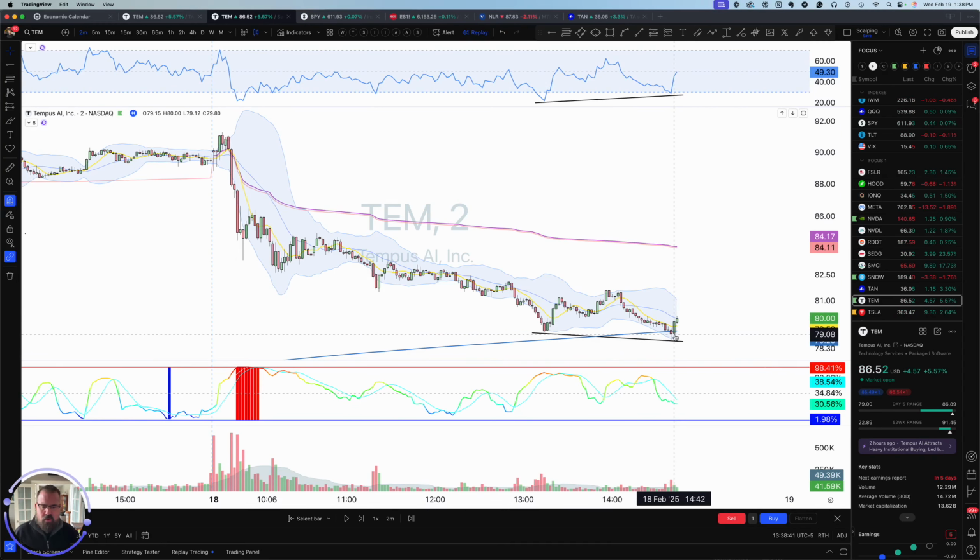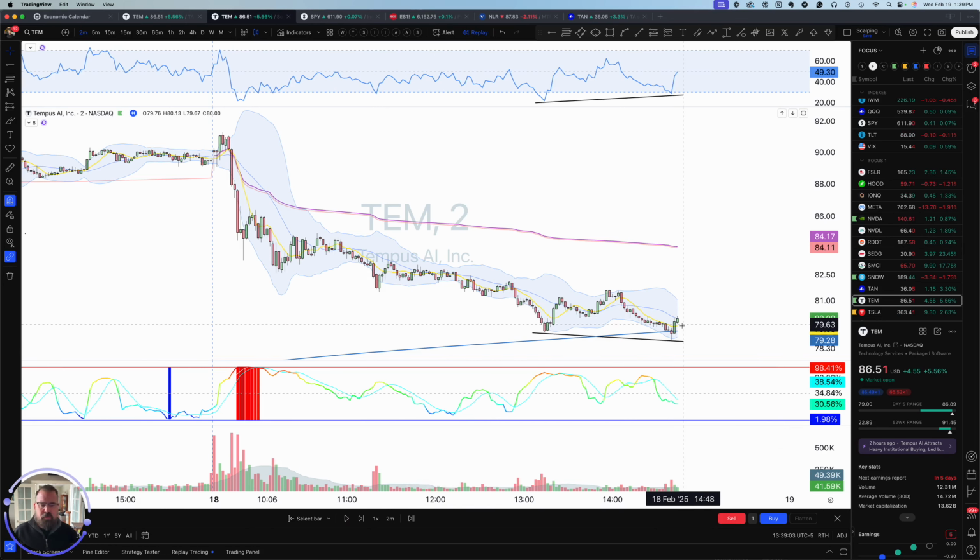And I had my order ready to go when this subsequent candle went above the high of this candle. That's my entry signal. I know a rebound is in place. It's got all the pieces. We see a really big volume spike here. And so that was the entry that got me long in a position in TEM.